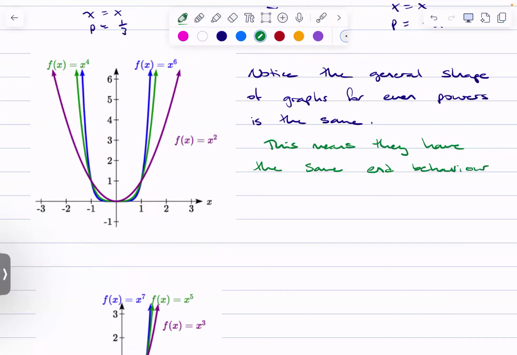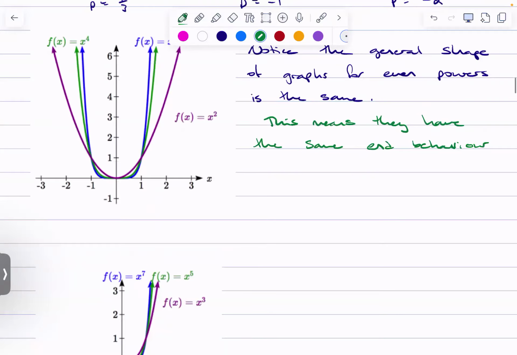Behavior. So when we talk about end behavior, we kind of ignore what's happening here in the center, and we're really just talking about as x goes to positive infinity, which means I'm heading out this way. So x going to positive infinity takes me out this way.